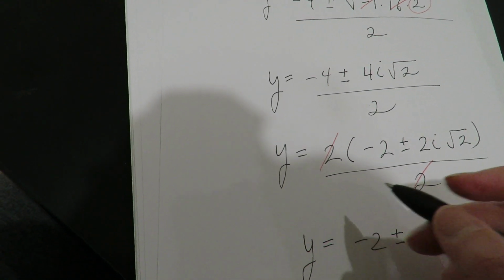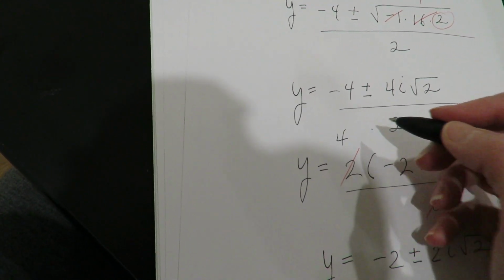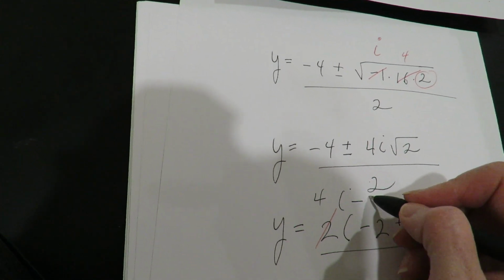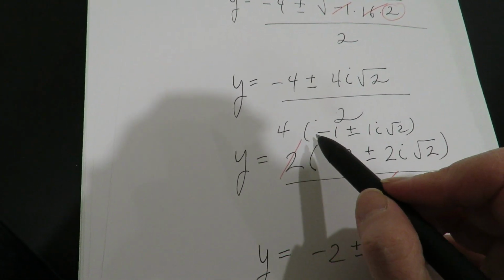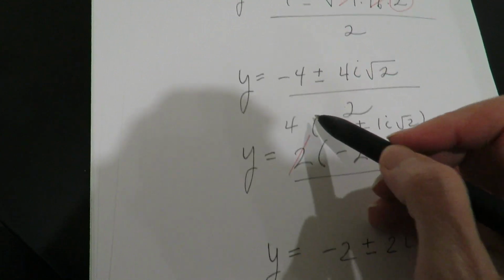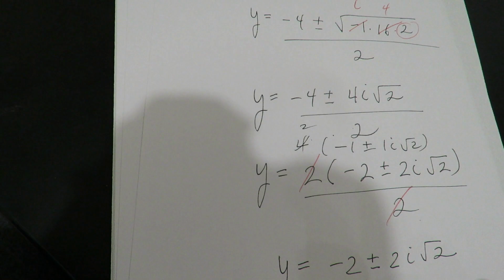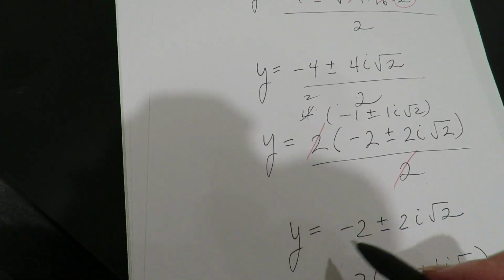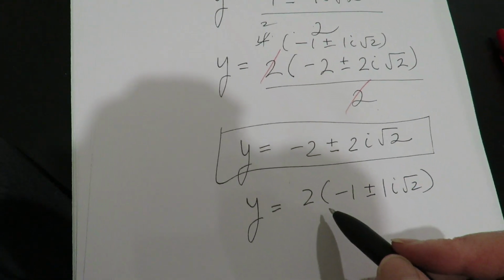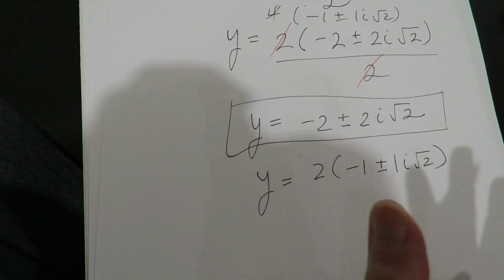And if you factored out a 4, which is fine, when you reduce it with the 2, it actually leaves you with a 2 outside. So either of these forms are correct. This one or this one, they're both correct. So either way you do it, you can't get it wrong.